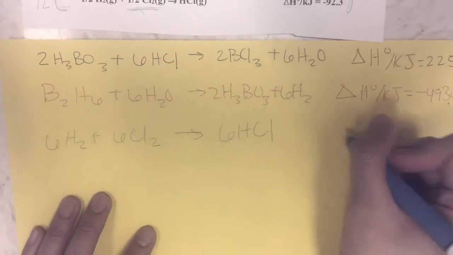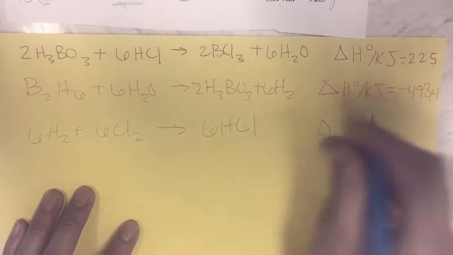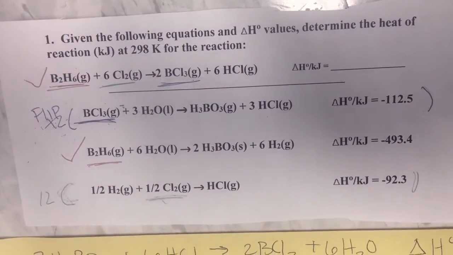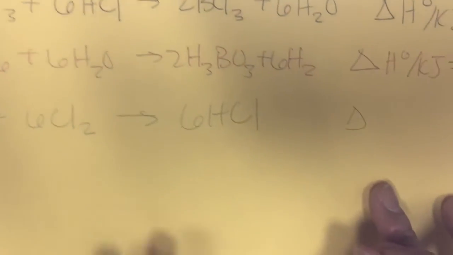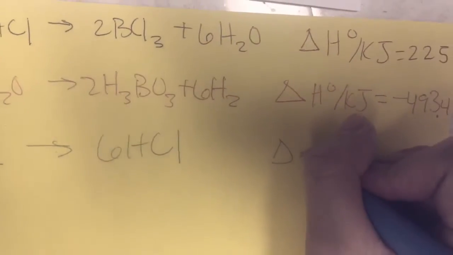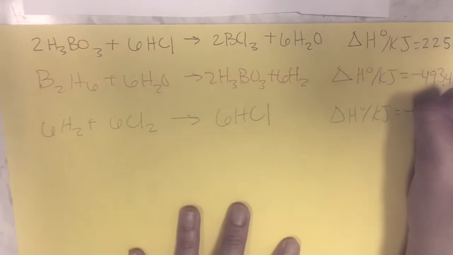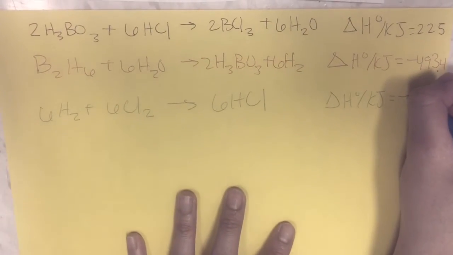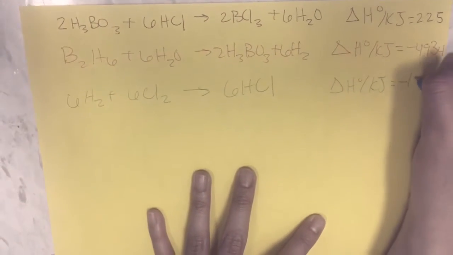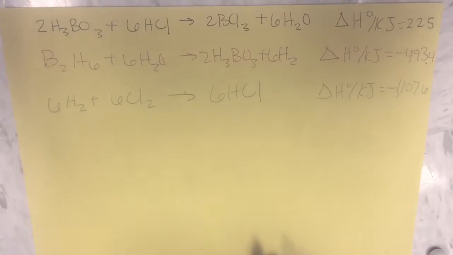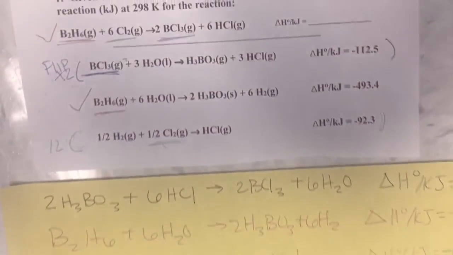You would also multiply the enthalpy change by 12, so that would equal negative 1107.6.